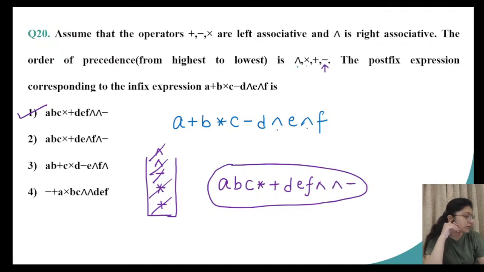So if you try to put the brackets over here, parenthesis, to see how you will solve this.